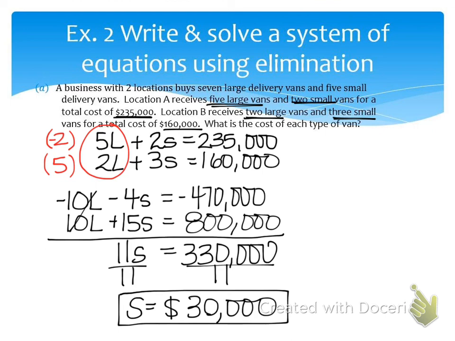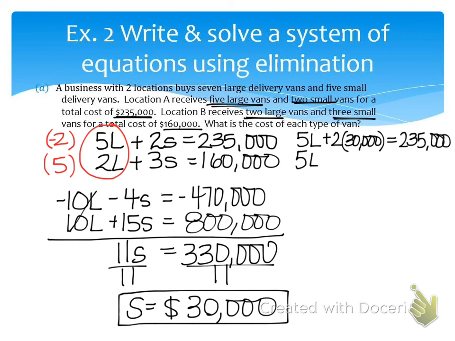Now, we got to plug that back in because we got to find the price of the large van. All right? So which equation, Daniel, would you like to plug this $30,000 into? Okay? So 5 times L plus 2 times, we're plugging 30,000 in there, is going to equal 235,000.